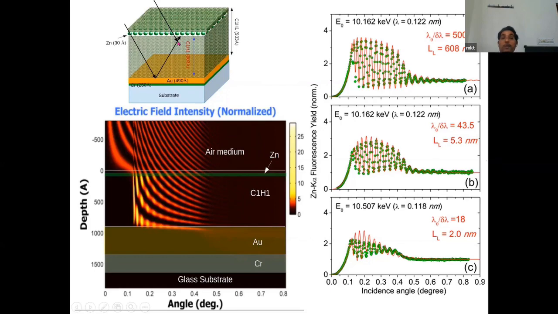If the path traveled by the beam is slightly more than the temporal coherence length, then it will not be in the same phase. It will not interfere constructively, and you will have less intensity. Then with multiple reflections, it is going again and again interfering, but because of the reflection, some kind of absorption is also there. So you can consider something like that.